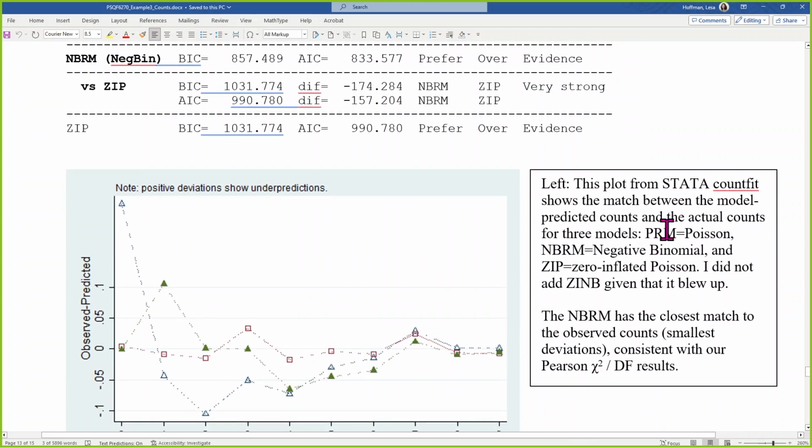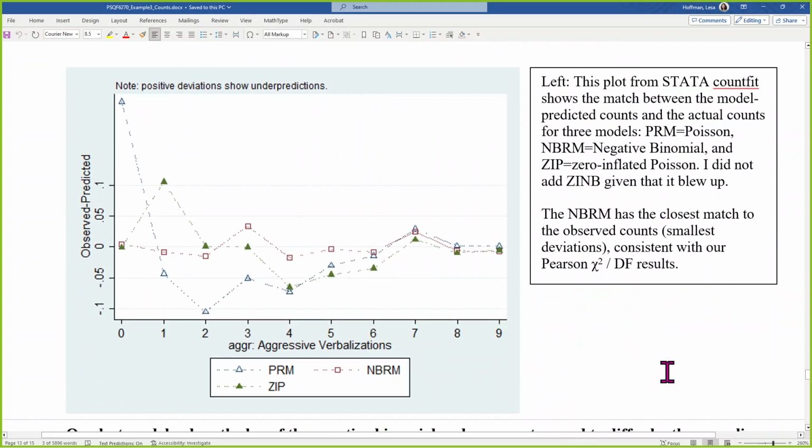It also shows predictions. So this is a plot showing the number of aggressive verbalizations, like what actually happened, on the x-axis, and then the discrepancy, how wrong the model is, on the y-axis. And so the Poisson model is the blue line, very wrong with respect to the number of zeros. So here's the 0 line where right would be.